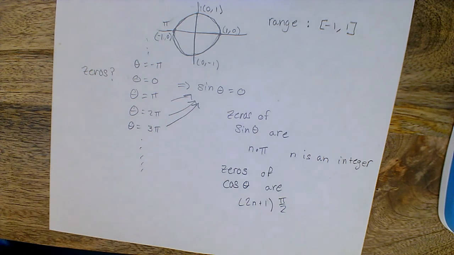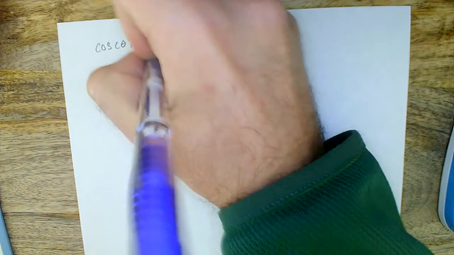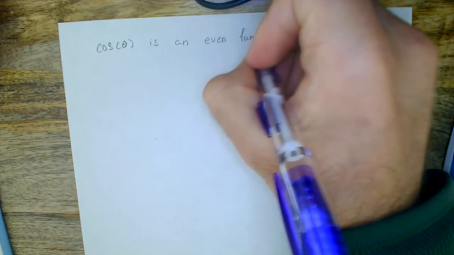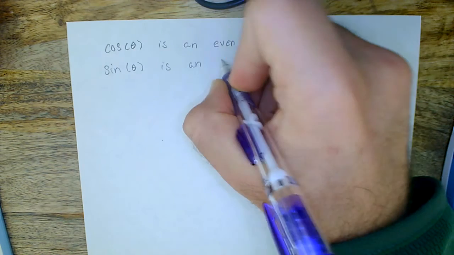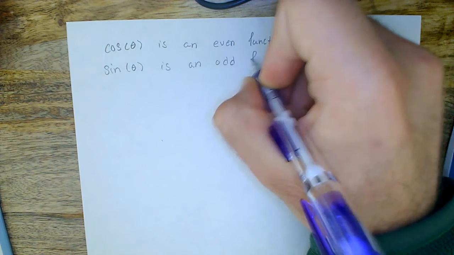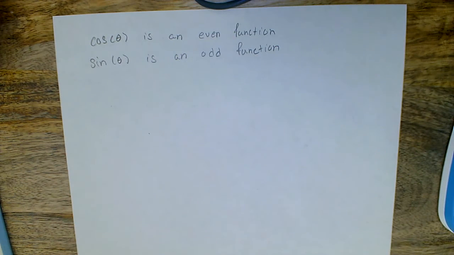Okay. So now that we've got the zeros, we also talked about even and odd functions a couple sections ago. It turns out that the cosine of theta is an even function, and the sine of theta is an odd function. Briefly, remember what that means.